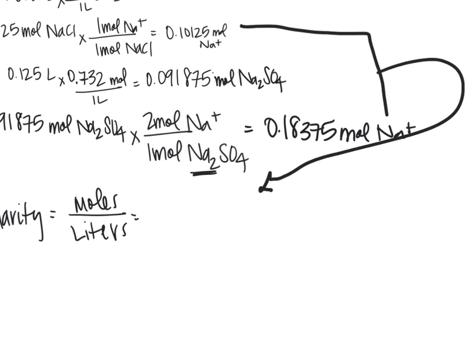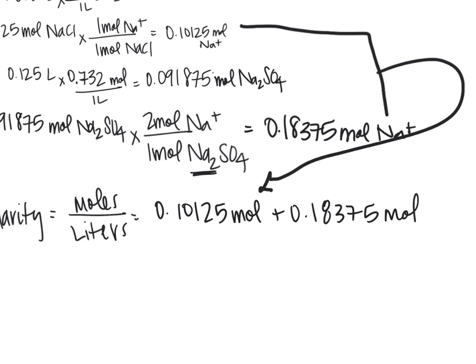And so in this case, it is 0.10125 moles plus 0.18375 moles divided by our total volume, which is 75 plus 125. And that needs to be in liters.